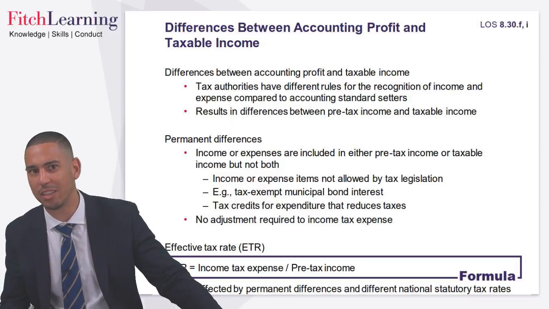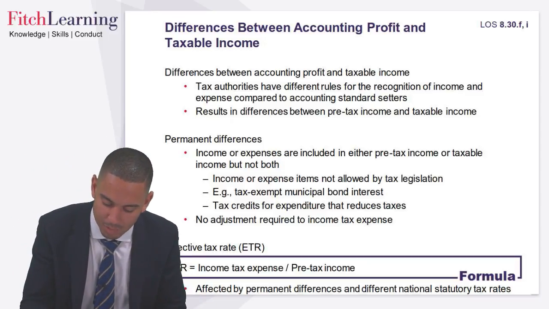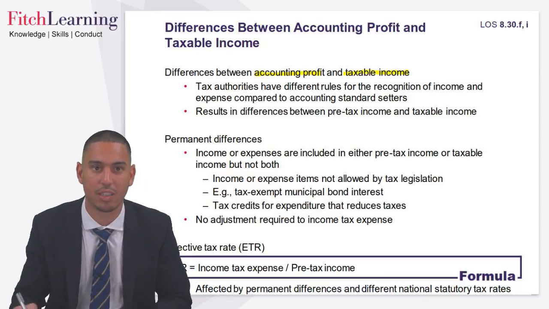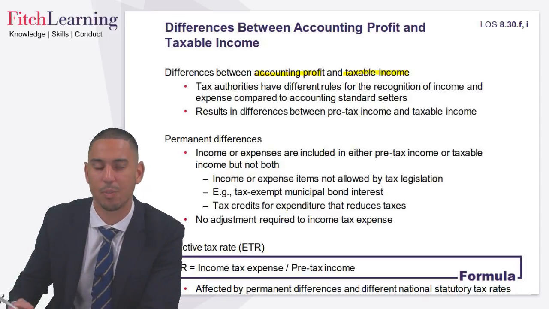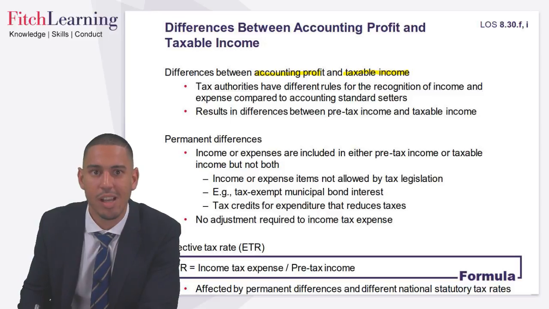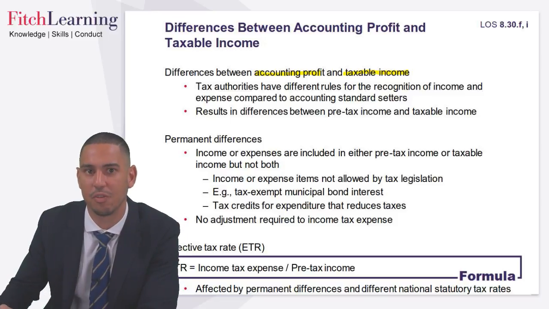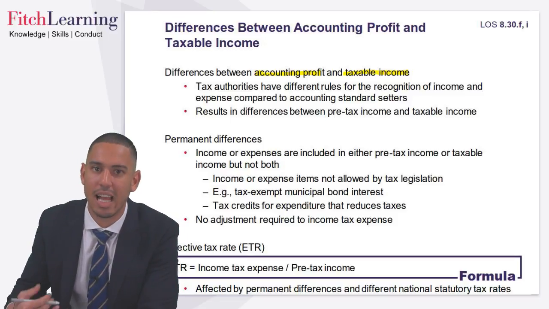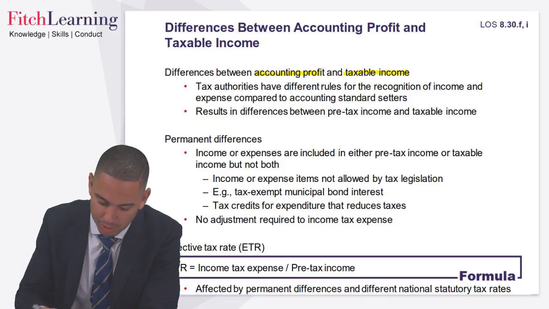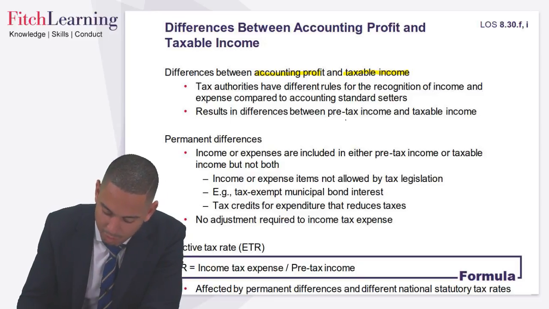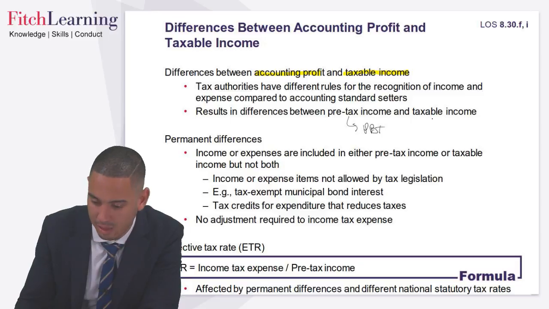And we start off by saying, why is our accounting profit different to our taxable income? Our taxable income is what I get taxed on. And essentially, the tax man doesn't follow accounting standards. He follows his own set of rules. And that's going to provide me a difference between my profit before tax and my taxable income.